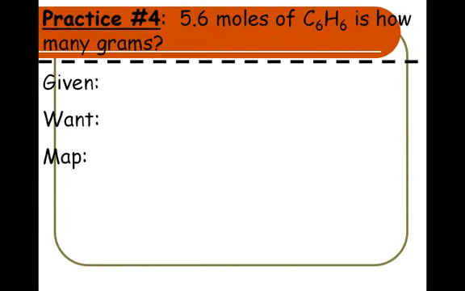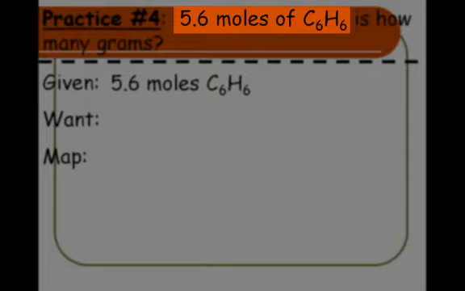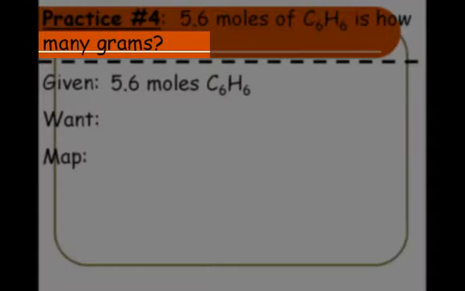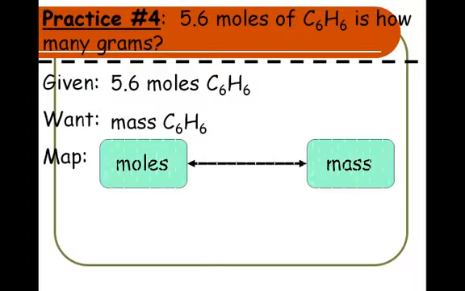5.6 moles of C6H6 is how many grams? Well, we're given 5.6 moles of C6H6. We want the mass of C6H6. So this time we're starting on Mole Island and we want to go to Mass Island. However, our bridge is still the same. We're still going to use our molar mass bridge.